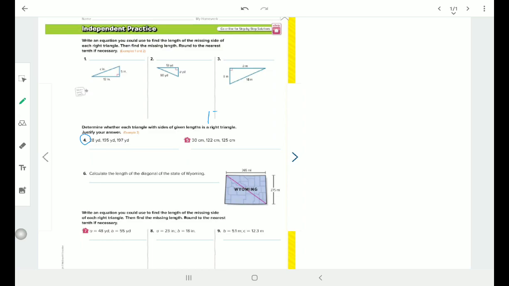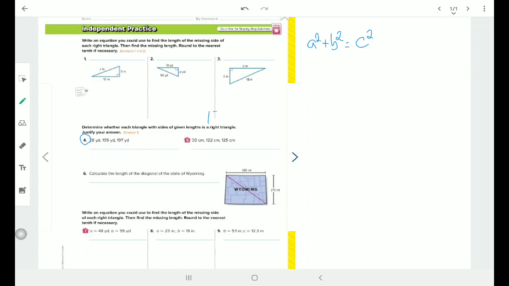For example here, we have 28, 195, and 197. To figure this out, remember we have to plug it into that formula, a squared plus b squared equals c squared. In a right triangle, c, the hypotenuse, represents the longest side.